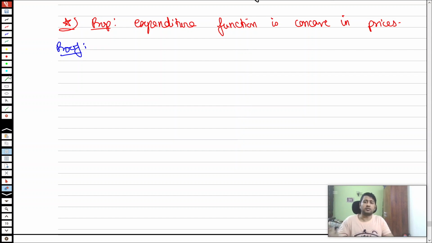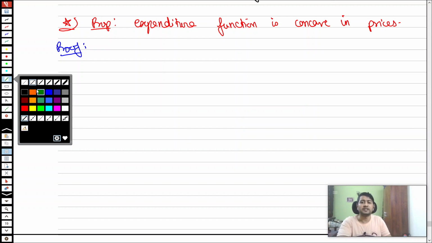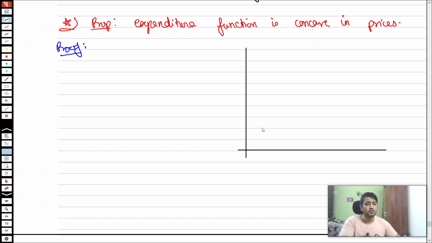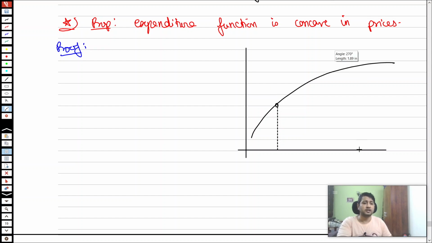Price vector is a vector, so it's not a single dimensional function, and we cannot use double derivatives here. So the property that you have to use here is the general property of concavity. Suppose that this is my price vector P1, and this is some other price vector P2.